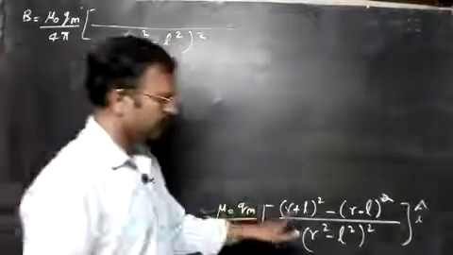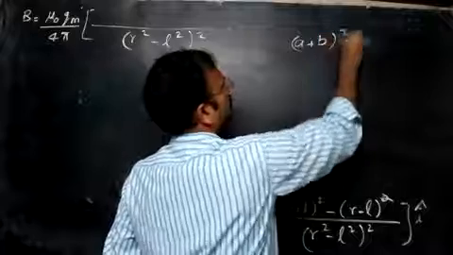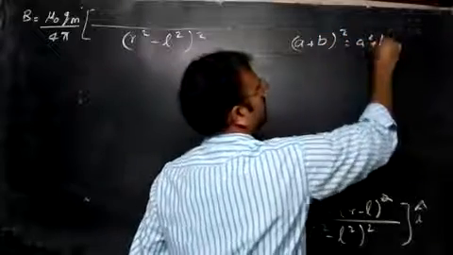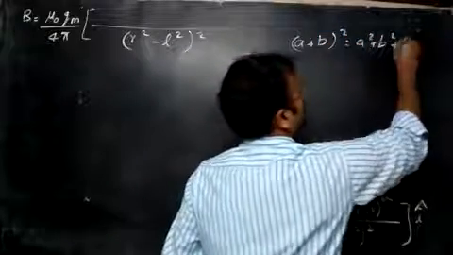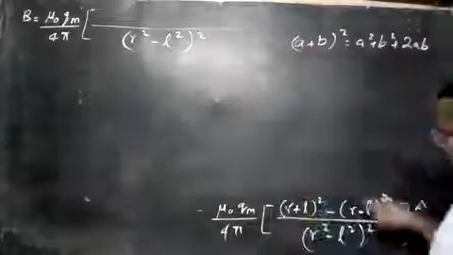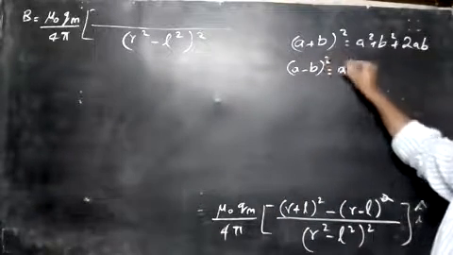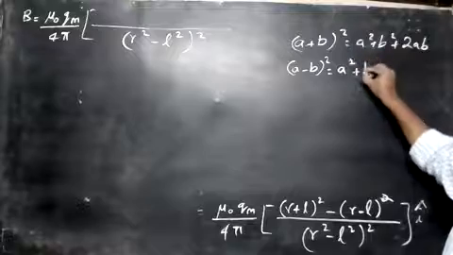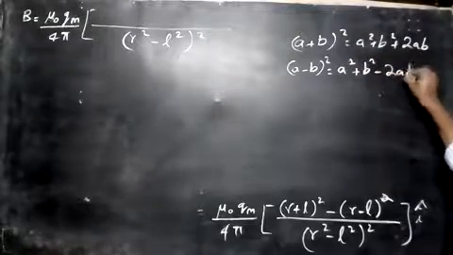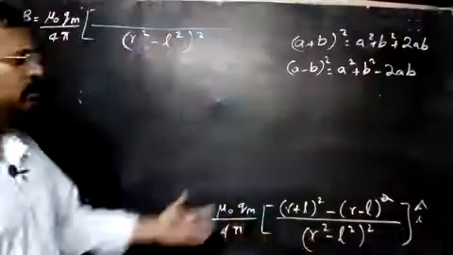Here (a plus b) the whole square is equal to a squared plus b squared plus 2ab. And this one, (a minus b) the whole square, will be a squared plus b squared minus 2ab. These are formulas you're going to use here. When you know the formulas, it's very simple. This we learned in 6th standard.